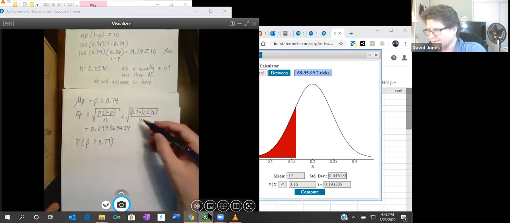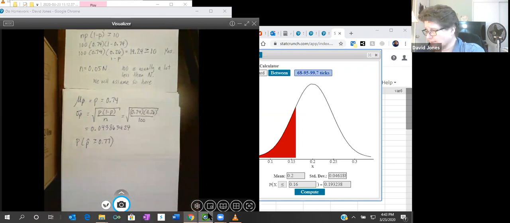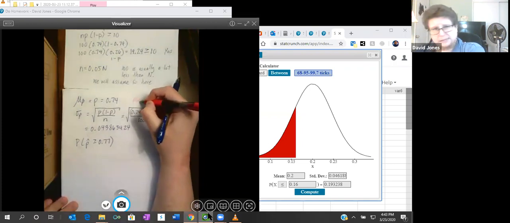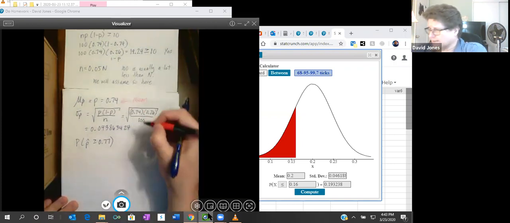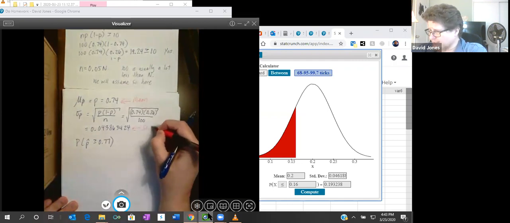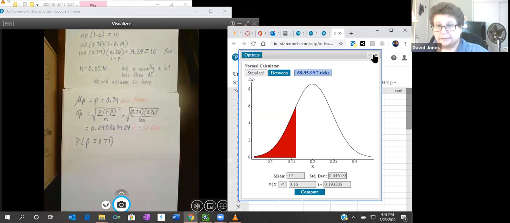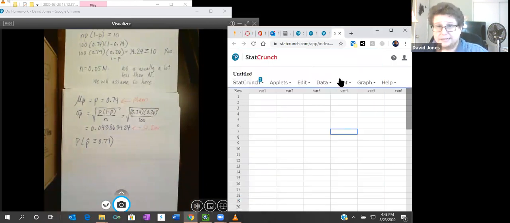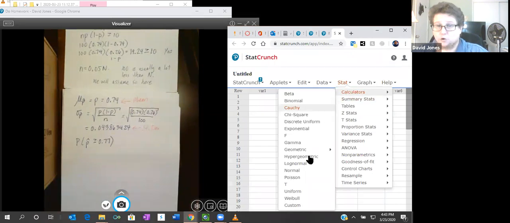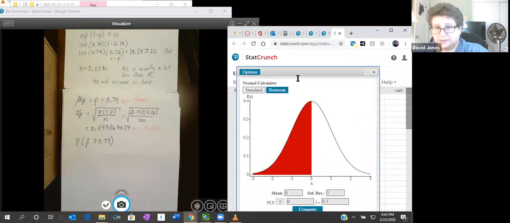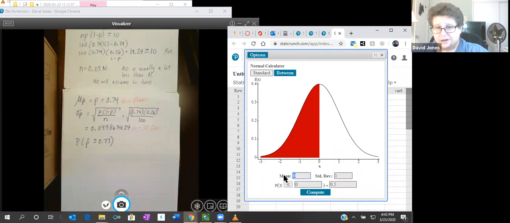Well, we have our mean here and our standard deviation. Let's plug those in and see what we come up with in our normal calculator. Remember, it's stats, calculator, normal. We're going to replace the standard values with our new values.